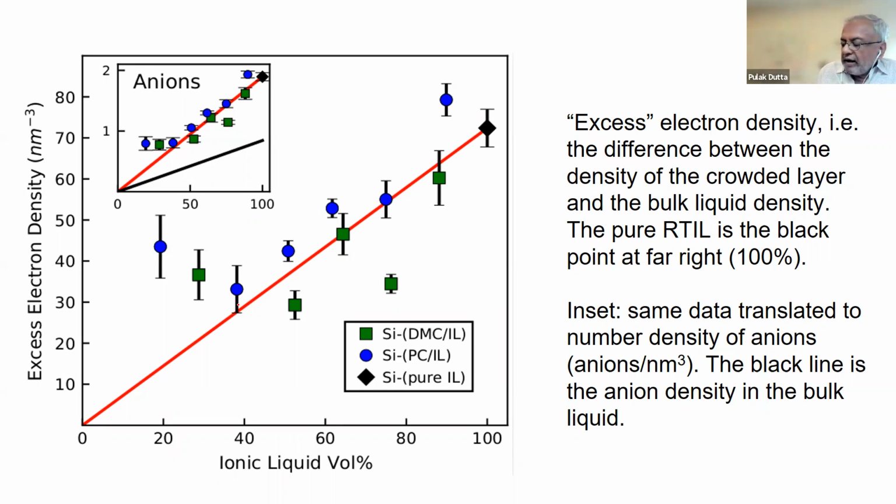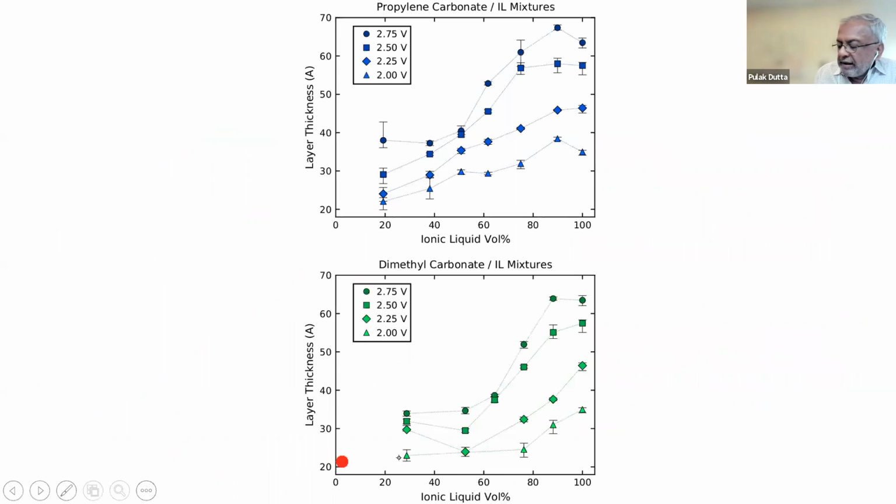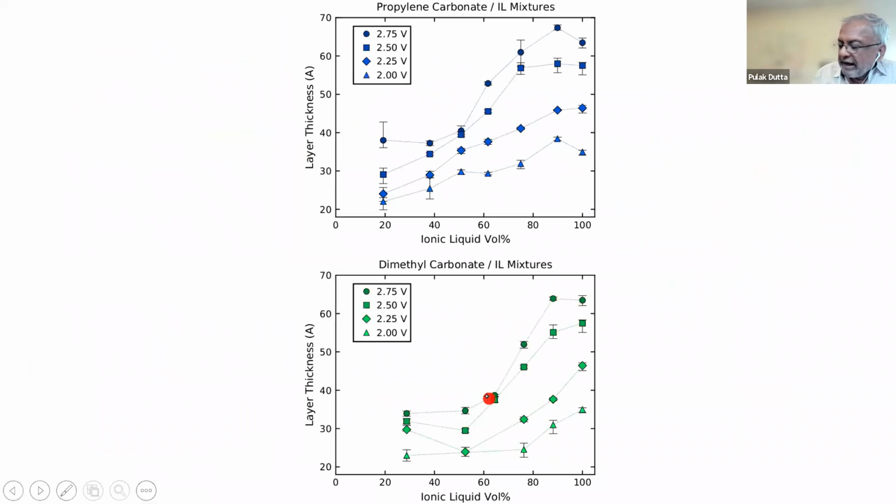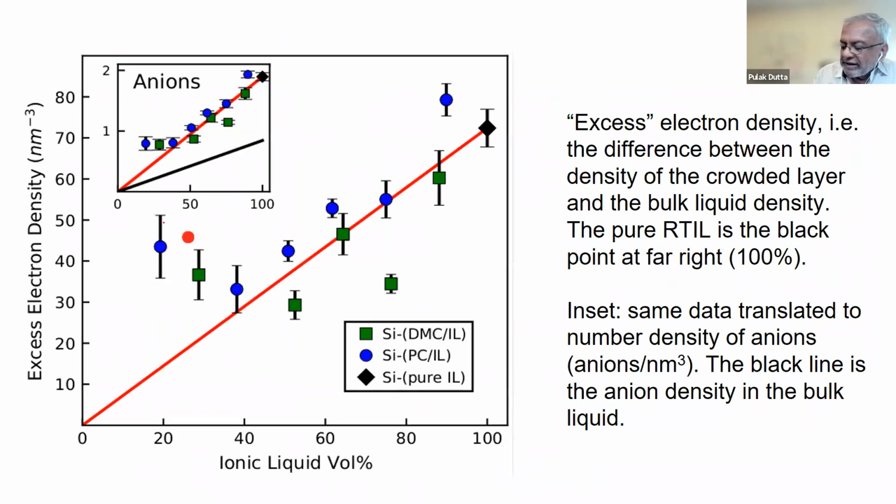You will see the similarity with this picture, although we can't really go to these small distances. The reason we can't go to these small distances is because when the ionic liquid is dilute, the contrast gets smaller and smaller, and at some point we lose it. We'd love to go up here, but we can't. All right.